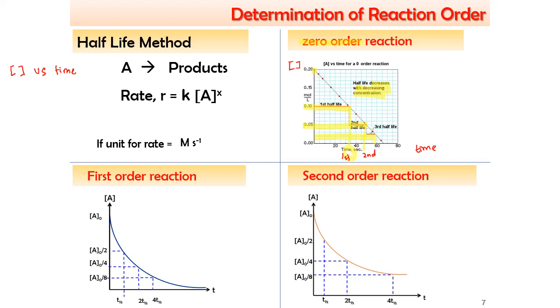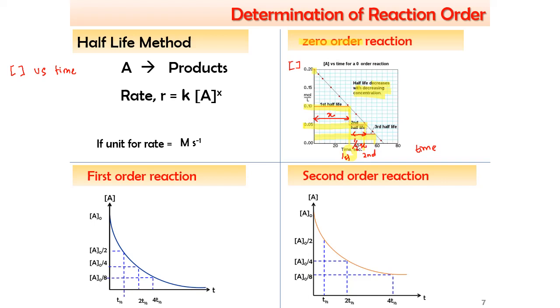When you have the value of the first half-life, let's say I use x, let's say this is around 30 something, and then the second half-life here is half of the value of the first half-life.